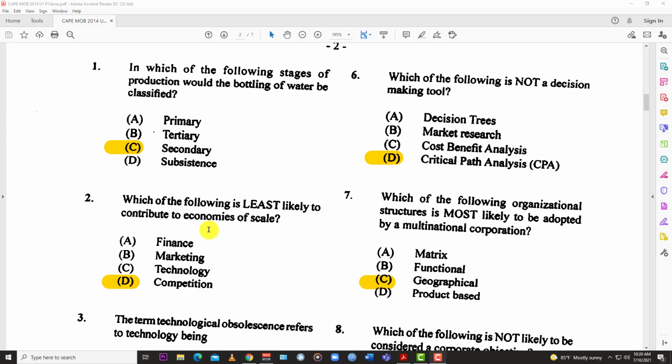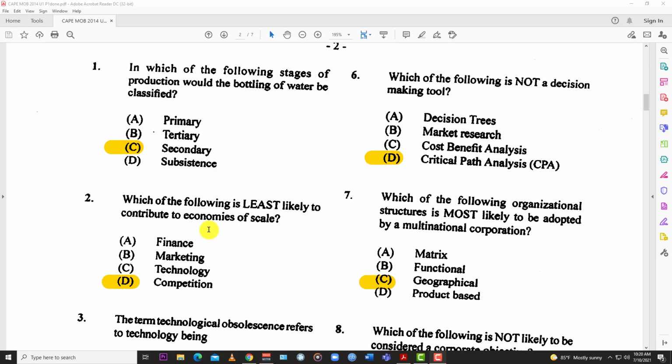Number 2. Which of the following is least likely to contribute to economies of scale? They're saying that all of them contribute somewhat, but which one is the least likely? We have A, finance, B, marketing, C, technology, and D, competition.